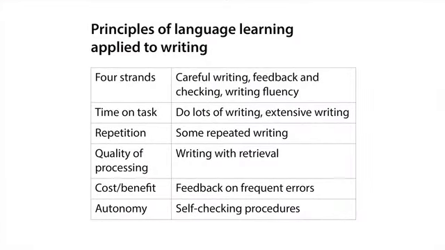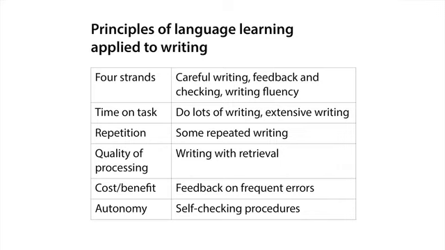The third principle is the principle of repetition. Repetition helps learning. A reasonable number of writing activities should involve repeated writing. That is, learners write about a topic, and then a week or two later, they write about the same topic again. The first time that they do the writing, they could use notes and take their time.